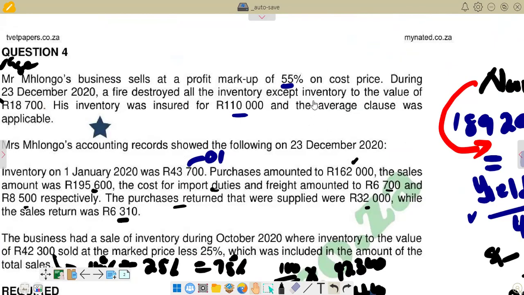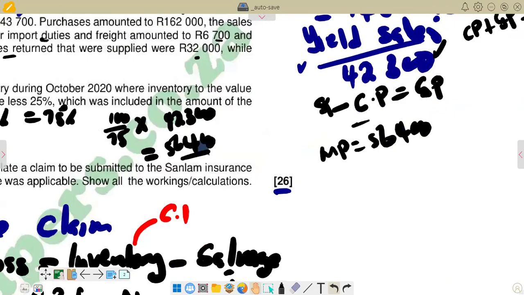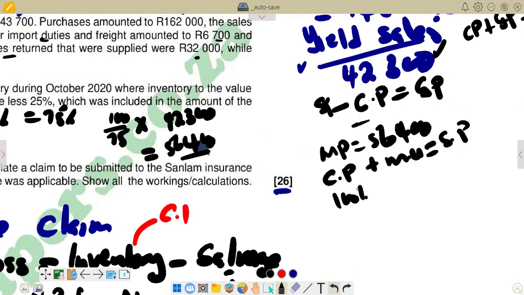So it means the figure that we have for market price is 100% for cost. Remember, if you add your markup, which is your gross profit, to your cost price, you are going to get your selling price. So in this case, cost price is always 100%, and the markup that you are given is 55%, and it gives you 155%. So in other words, this figure that we are given here, 56,400, is our 155%.